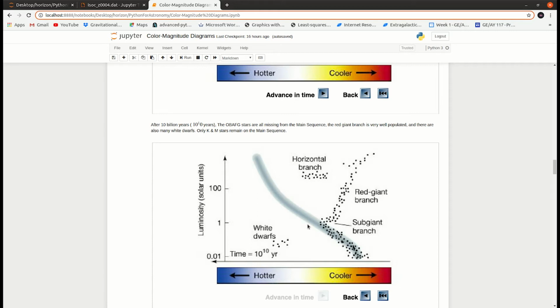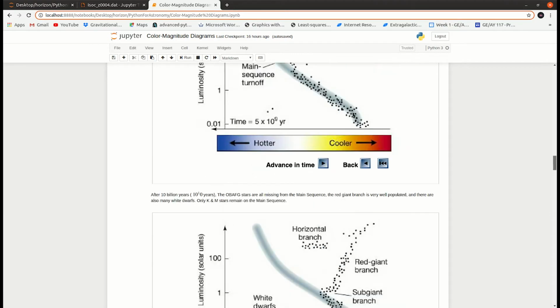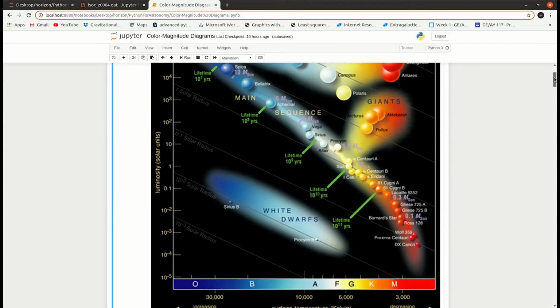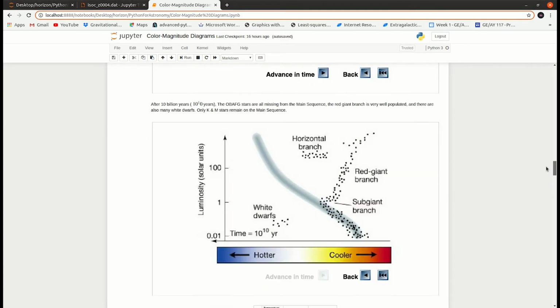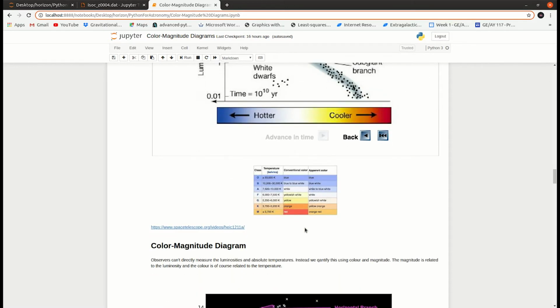That means it's a really old cluster, and you will actually see this horizontal branch, which, if you remember, you have seen over here, the supergiants. You will also see the white dwarfs patch, because they are the product after the supernova. After the supernova, the stars come and populate the white dwarf phase. So you will also see white dwarfs in this case. This is how they look.